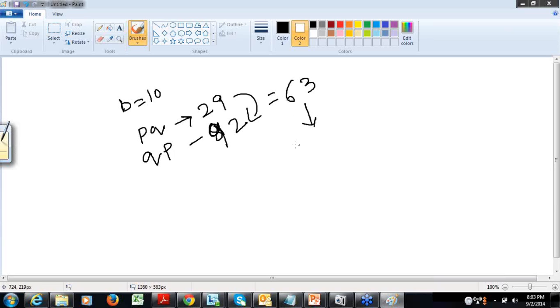So 63 will be nothing but (P minus Q) into (x minus 1), where x is the base.